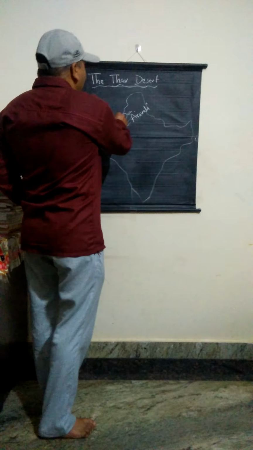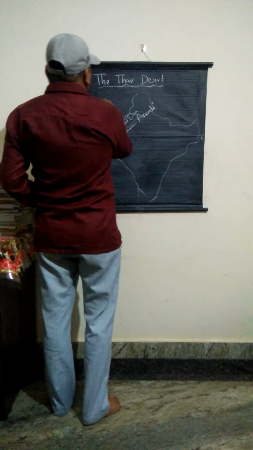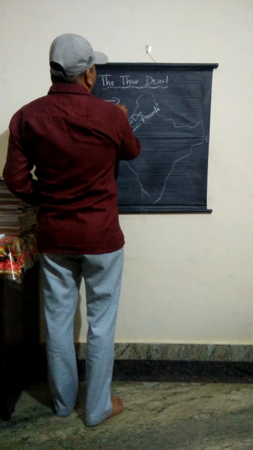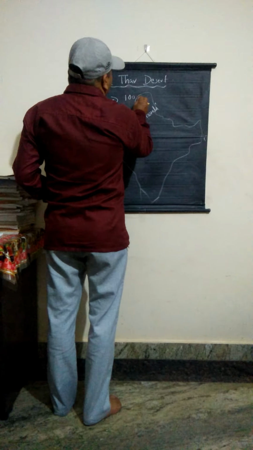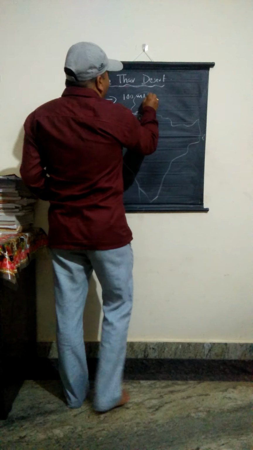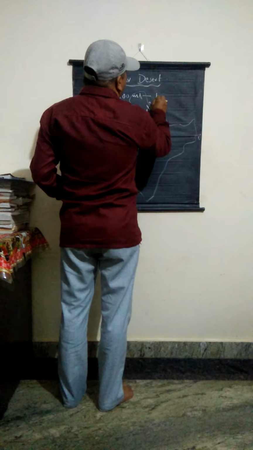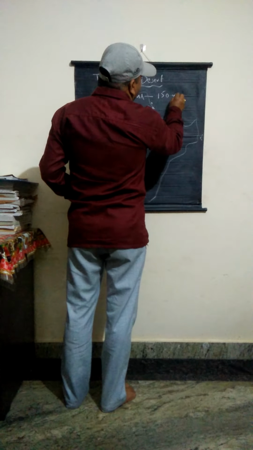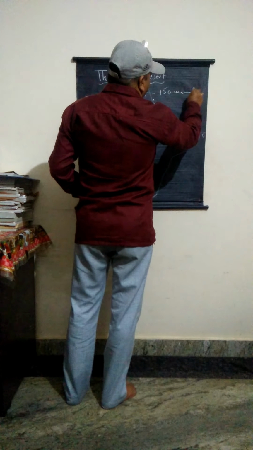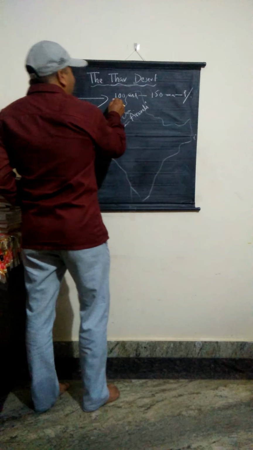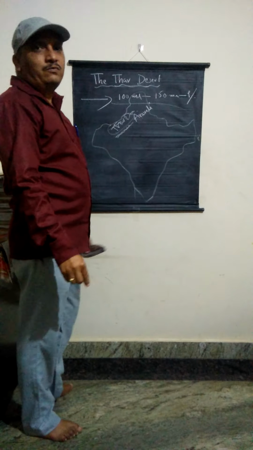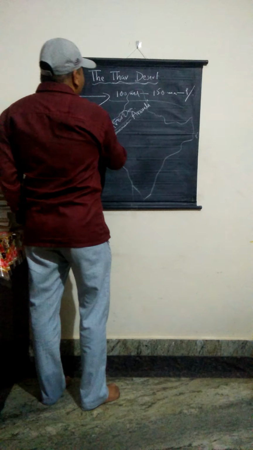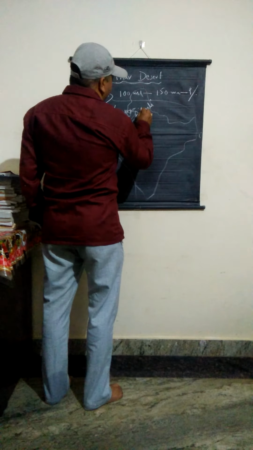The rainfall is very little, ranging from 100 to 150 millimeters per annum. Because of the low rainfall, we can also observe low vegetation.